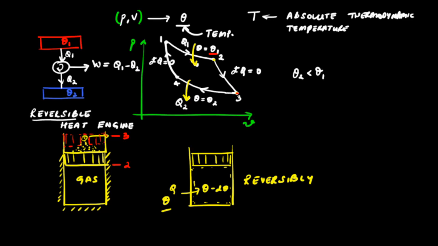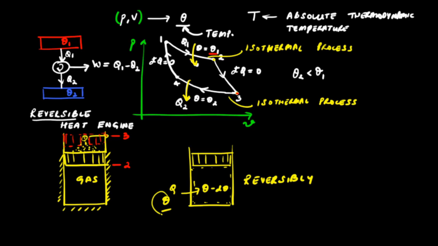So the only way the system can absorb heat from a high temperature reservoir reversibly or reject heat to a low temperature reservoir reversibly is through an isothermal process. And if this process is not isothermal, then the temperature difference between the thermal reservoir and the system would be finite. It will not be infinitesimally small, and therefore the heat transfer would not be reversible.